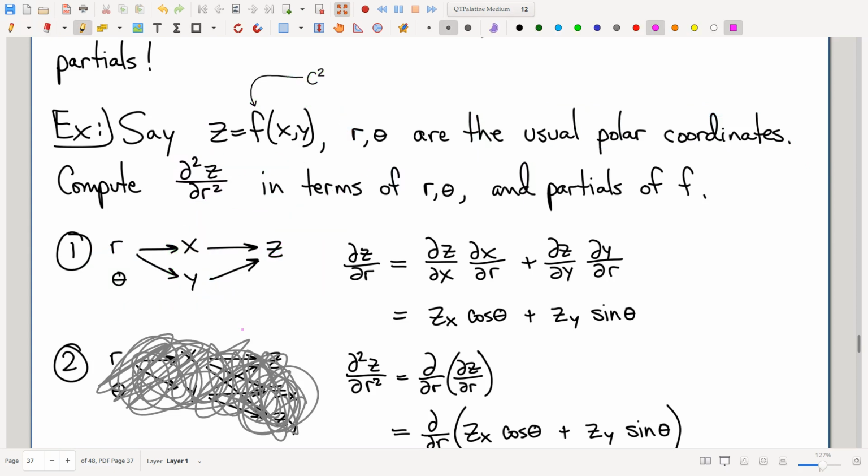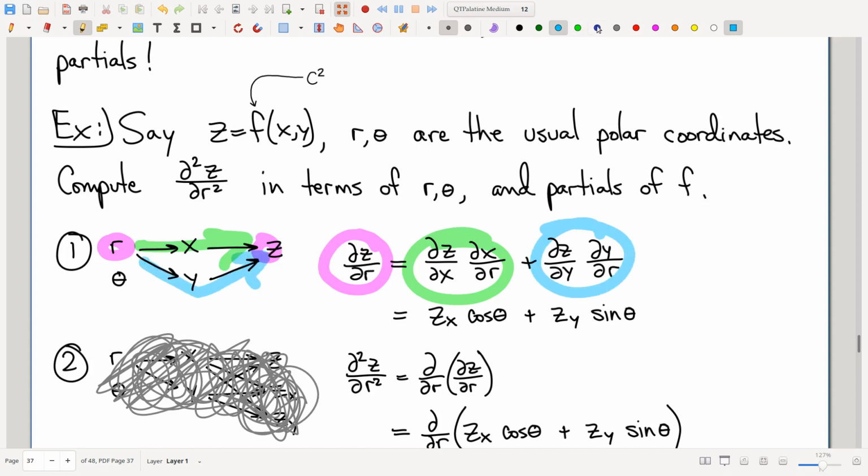First step, we're going to compute the partial of z with respect to r. There's z, there's r, two paths, two terms. Notation: real quick, partial of z with respect to x is one of our notations for how to represent a partial. This is a different notation for representing the same partial.